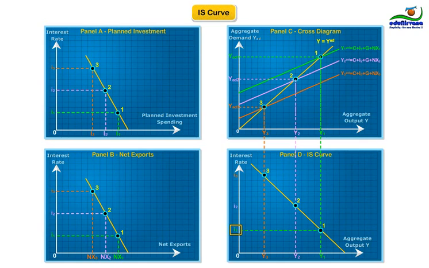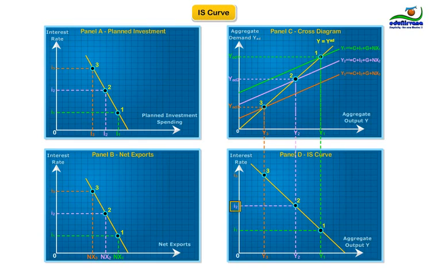As the interest rate rises to I2 in panel A and B, both planned investment spending and net exports fall to I2 and NX2, so equilibrium output falls to Y2 in panel C. Here, point 2 shows the lower level of output Y2, which corresponds to interest rate I2.